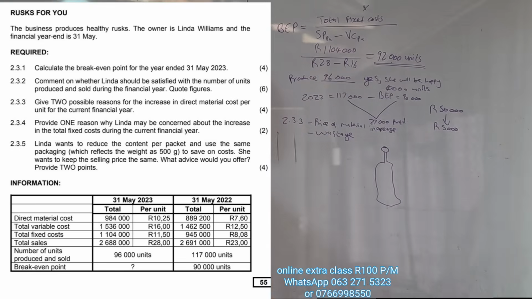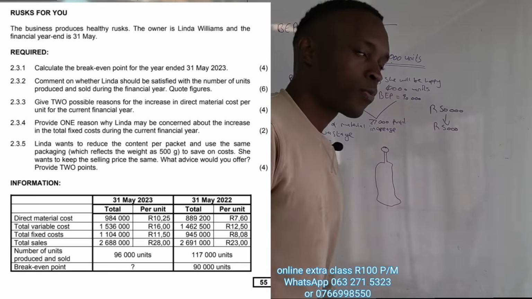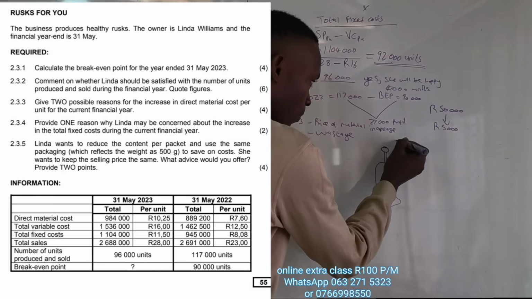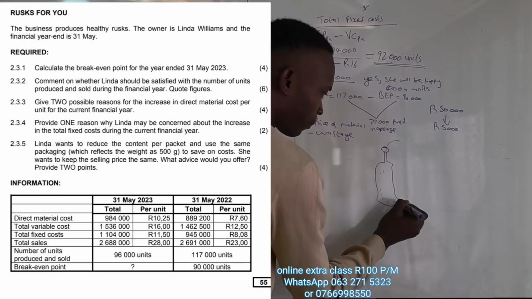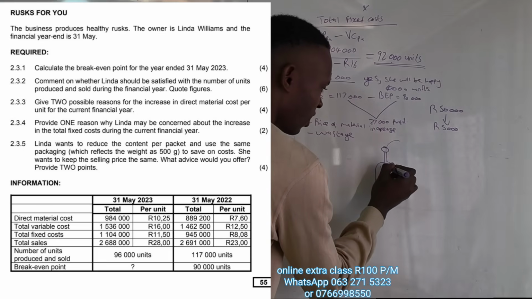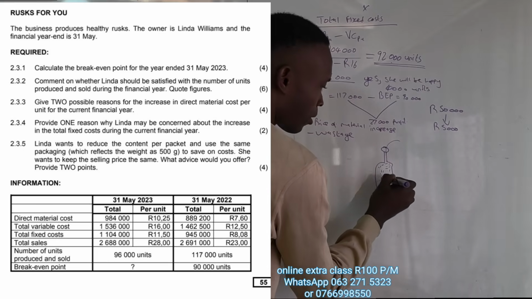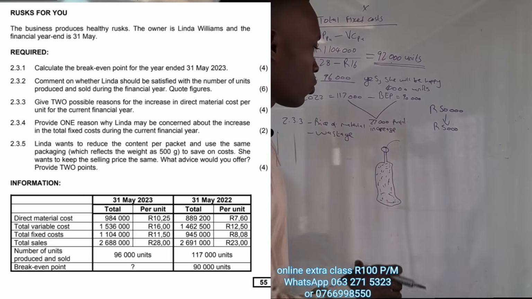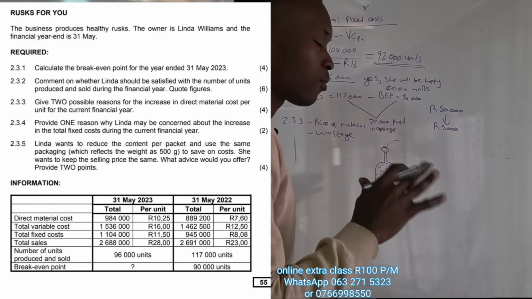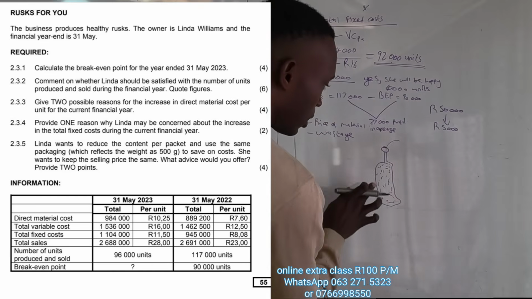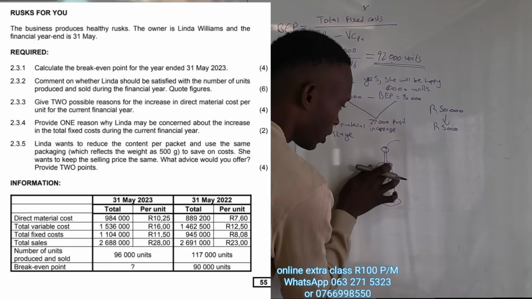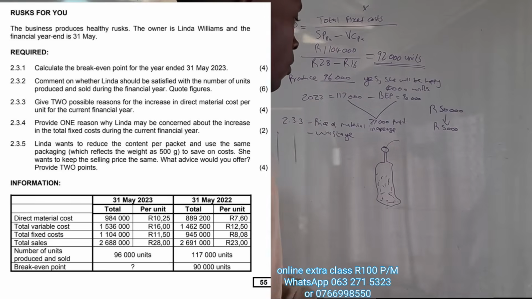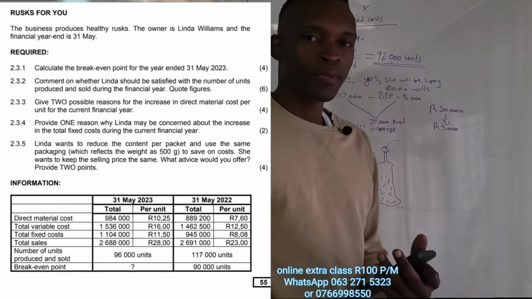Let's just say this is a 2-liter bottle of Coke. On normal days, they used to fill the Coke until it's full here. But now what they want to do is use the same price and just reduce what they put inside. Maybe they fill it until here. That's what they say. What can you advise her?